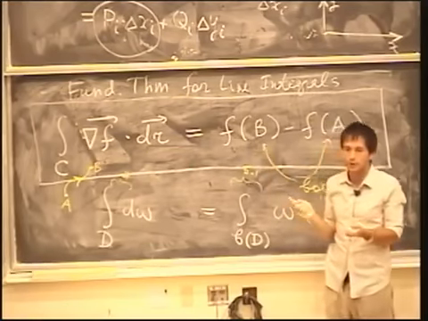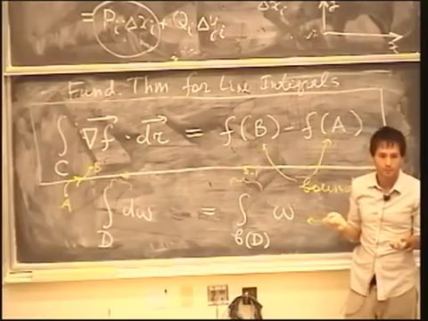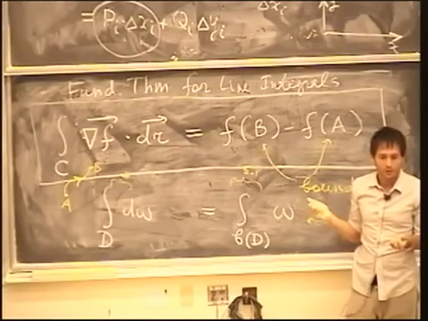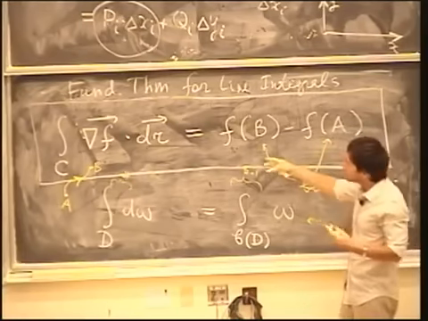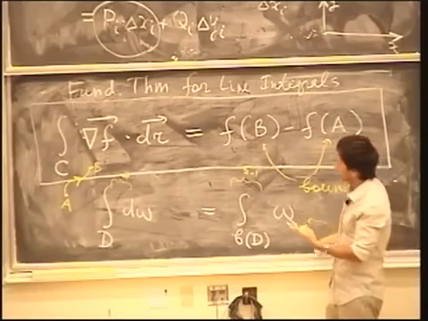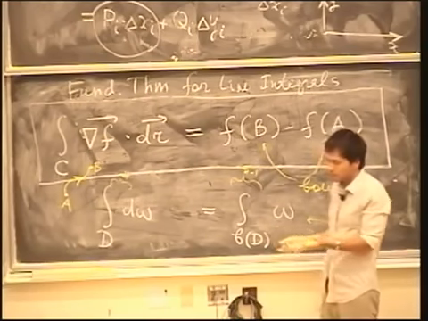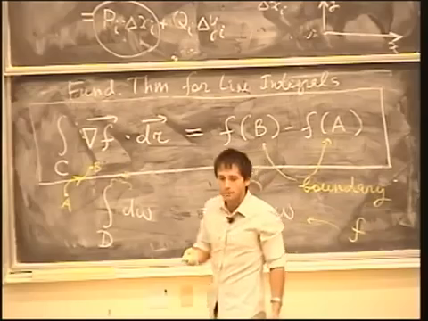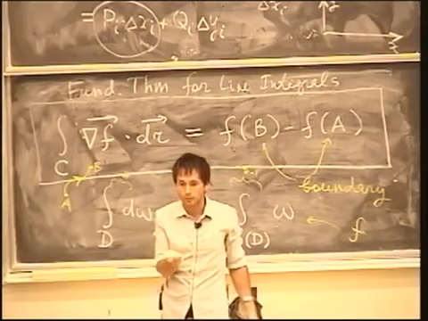It's just the difference of the values of the function at the endpoints. You see? First of all, I want to say that this is a natural generalization of the fundamental theorem of calculus, which we learned for functions in one variable.